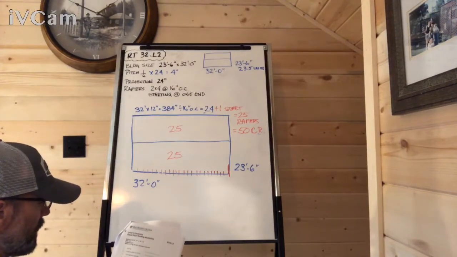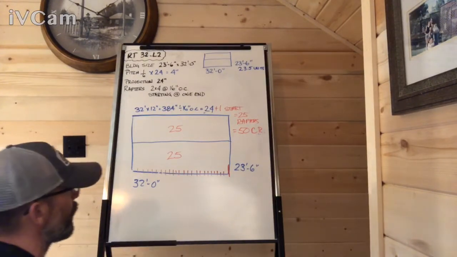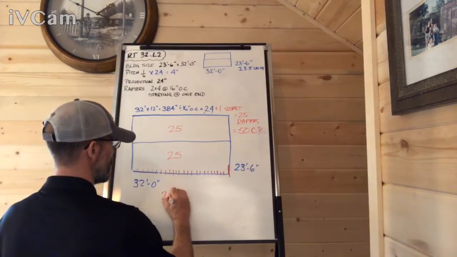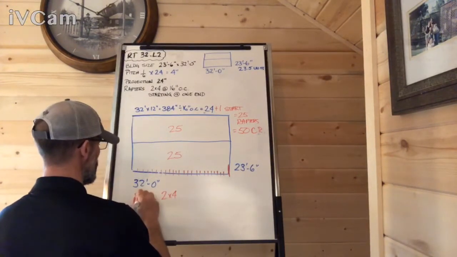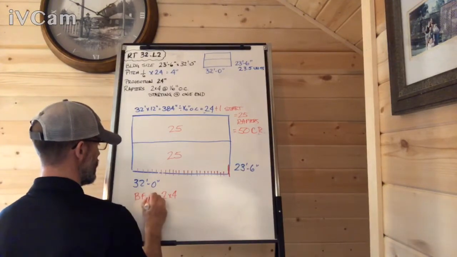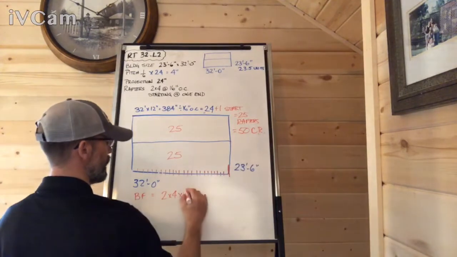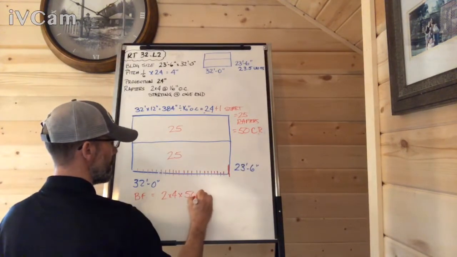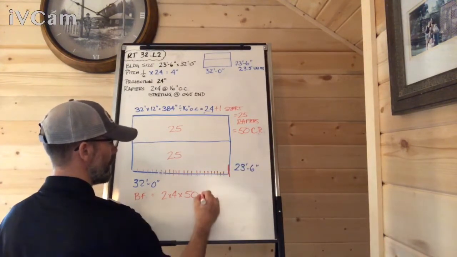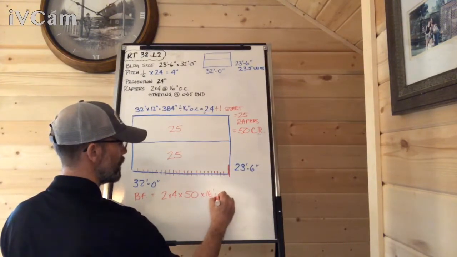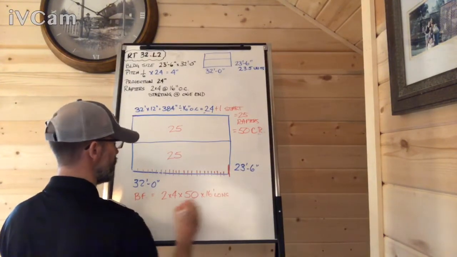Board feet required to frame all the common rafters. I have 2x4s. Board footage. I have 50 of them. They are 16 feet long each. They're 16 footers.